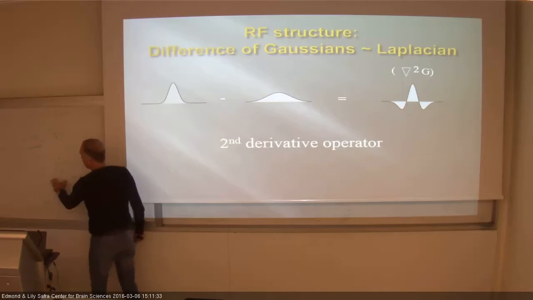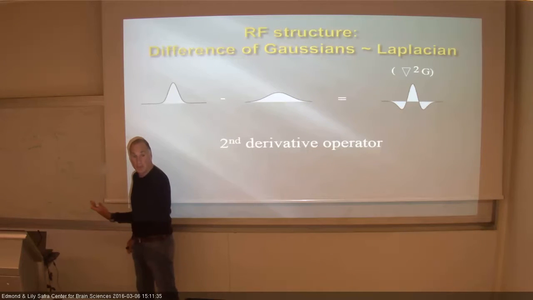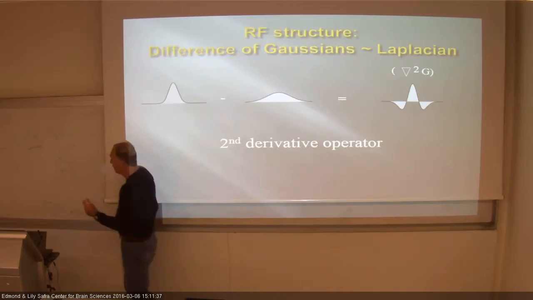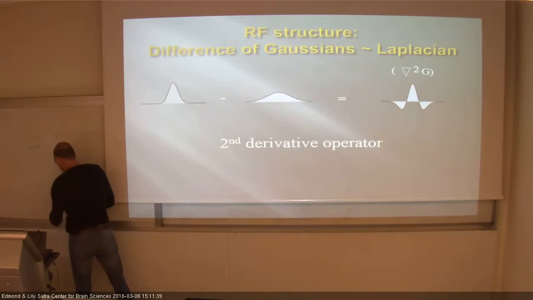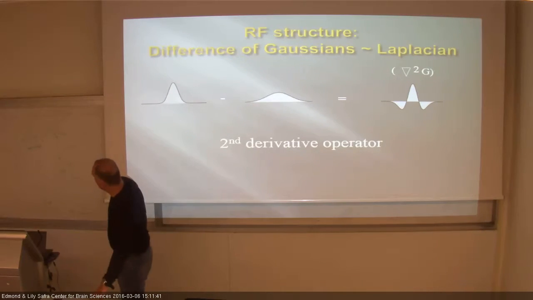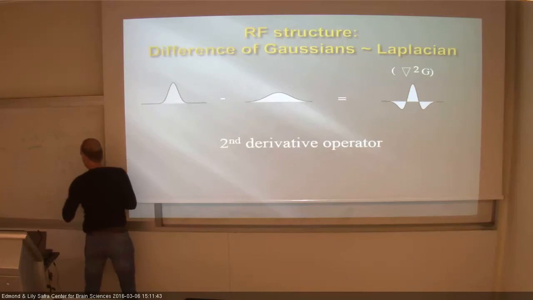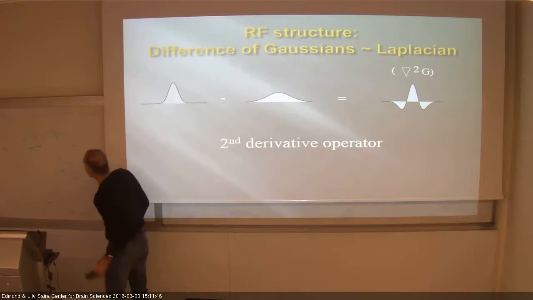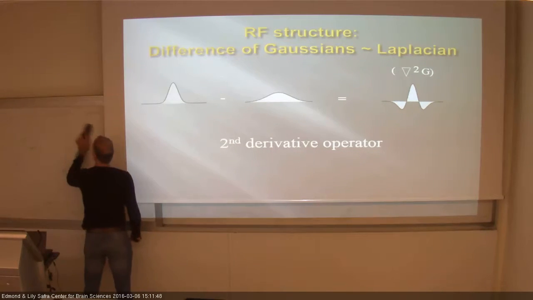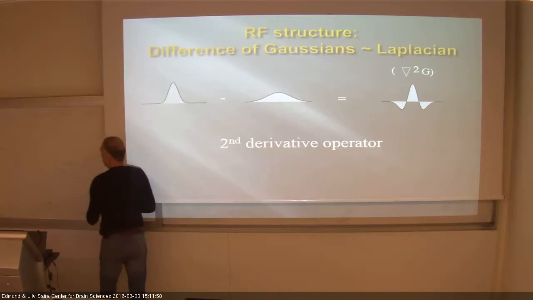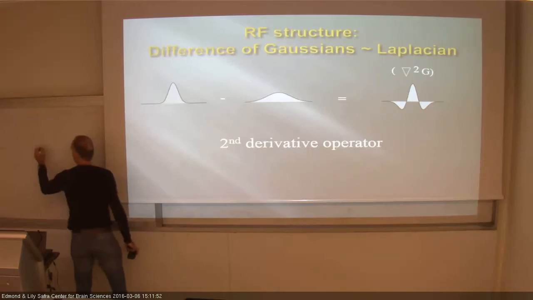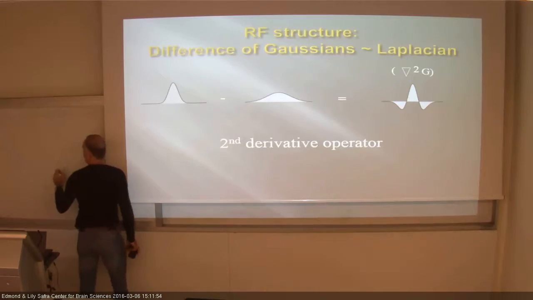Now take this and apply another first derivative operator to it. What would it look like? You take this and apply it again, and what you get is something which looks like that.